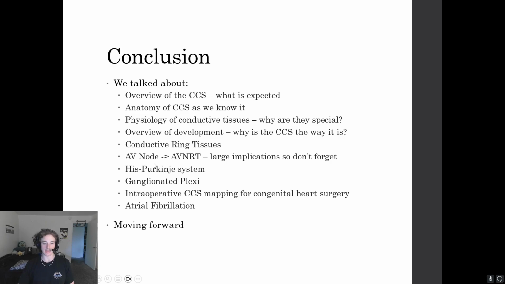We talked about the AV node and how AVNRT works. Talked about the slow and fast pathways. This was a little earlier, before all this, but we did the His-Purkinje system real quickly. We talked about the ganglionated plexi. We talked about the strategies for mapping the cardiac conduction system while you're in surgery, especially for congenital heart surgery. I think it's pretty amazing. And then we finished up with atrial fibrillation.